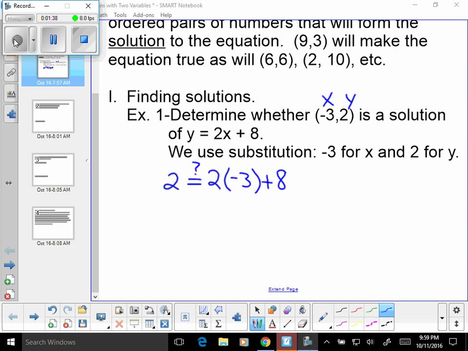In our next step, we will do the math. Notice that we keep the question mark above the equal sign. Negative 6 plus 8, 2 equals 2, so we can say yes. Negative 3, 2 would be a solution for the equation.